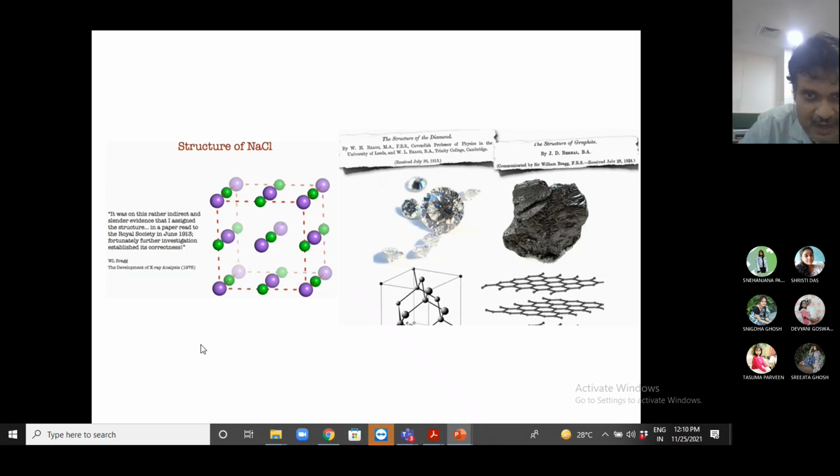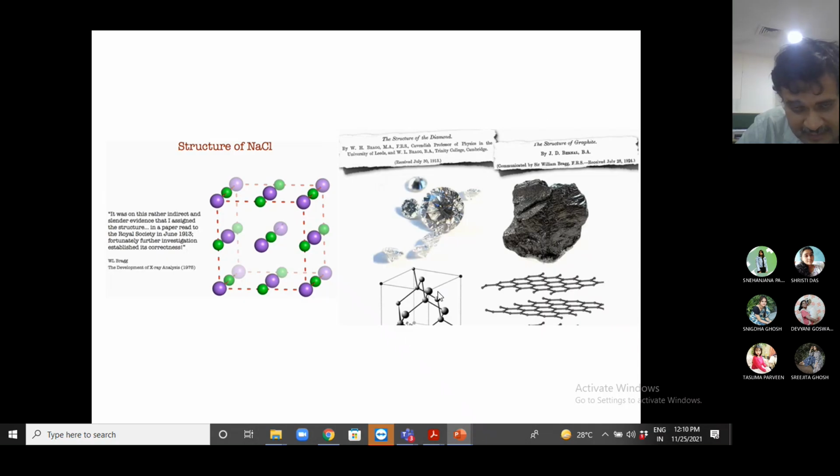After that, compounds of carbon, like diamonds and graphite, also got crystallized. In graphite you can see this kind of planar arrangement. That is why it is very useful to make pencils and for other jobs.